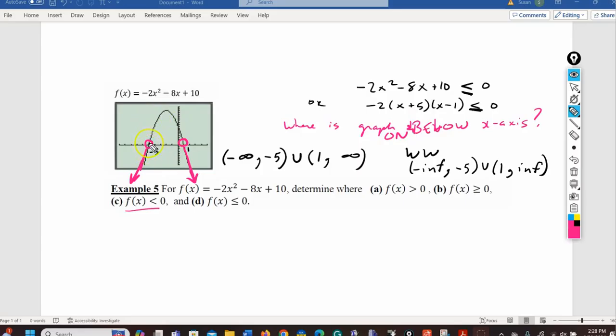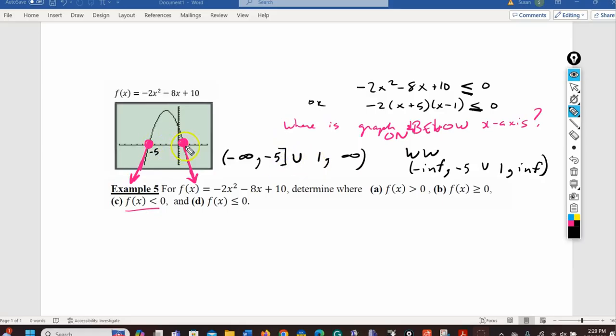And then on and below, I'll still have to pick the part for below, but now I include those because they're on the x-axis. And so the only thing that's going to change are the symbols here, because to measure where this is from left to right, I'm coming in from negative infinity up to and including negative 5.